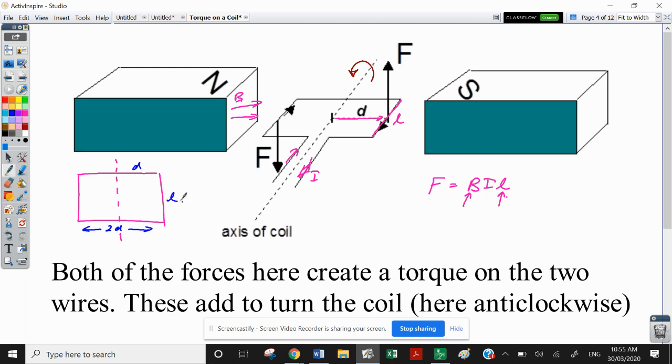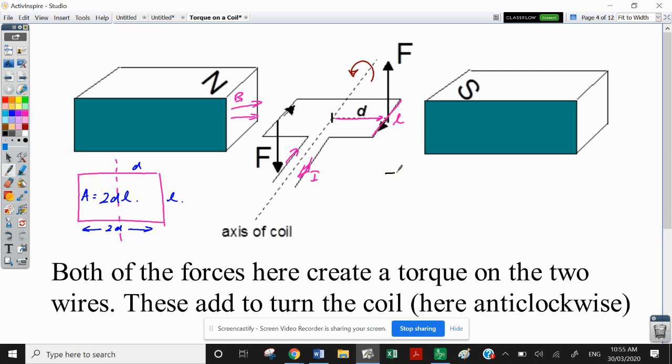And this is L. So the area of this coil is 2DL, okay? So let's have a look at what is the torque on this coil. So when we come back, we'll know that 2DL is another way of saying the area of the coil.